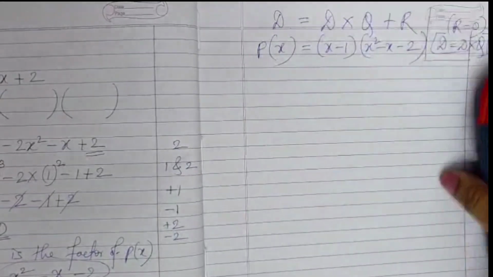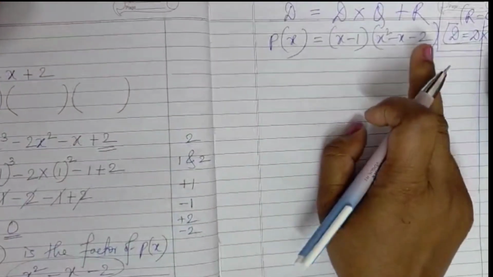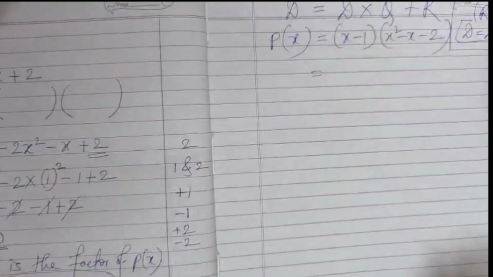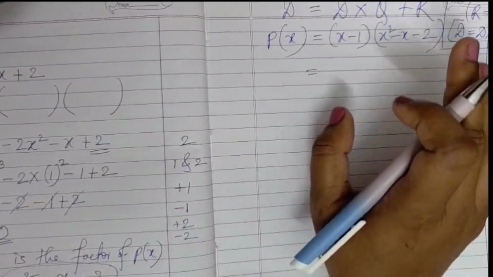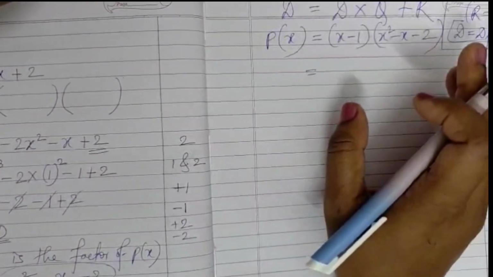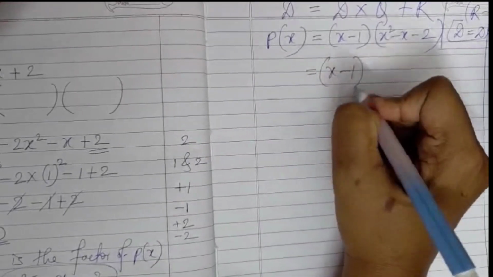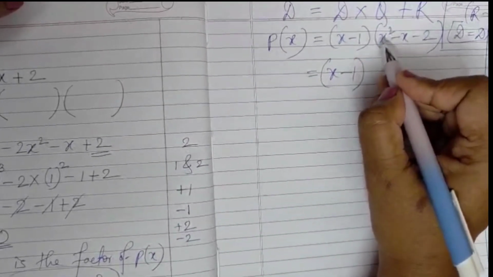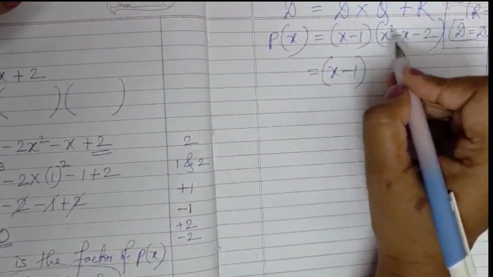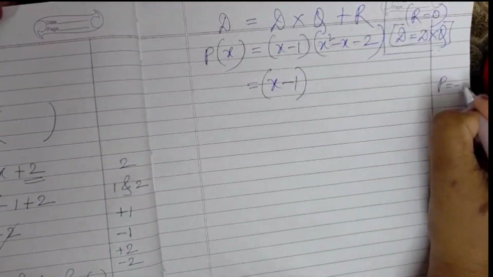Okay. So now let's factorize this one. You can just go with the middle term splitting. I already uploaded the video of middle term splitting as well. Please watch that also. You will understand it better. Then here you just multiply the coefficient of x square with the constant. You are getting minus 2. So the product is negative.